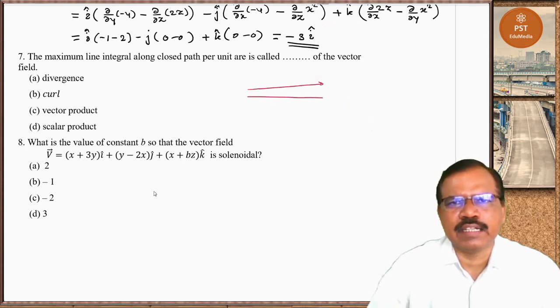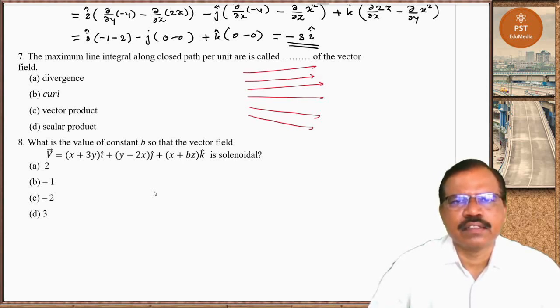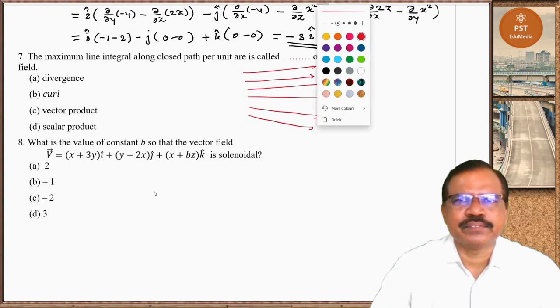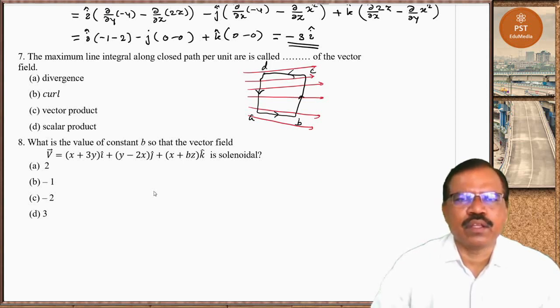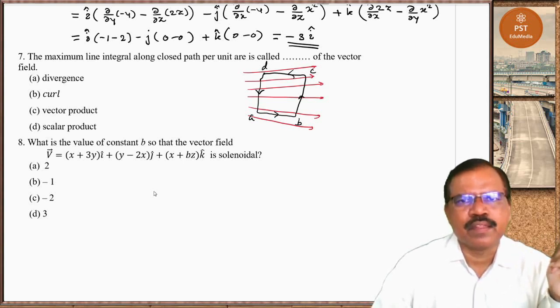So suppose this is a vector field, some vector V, then we take some closed path. Suppose we start from A, then go to B, then from B to C, C to D, and D to A. We go along this path.